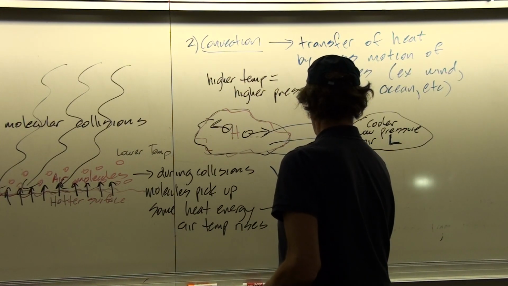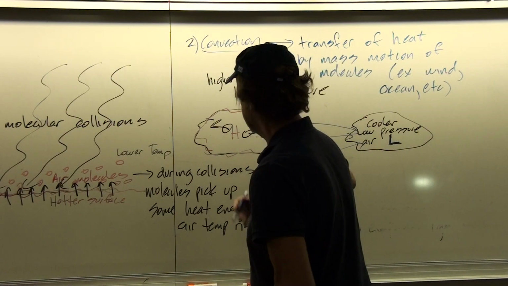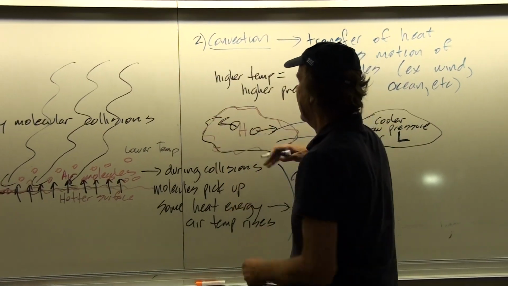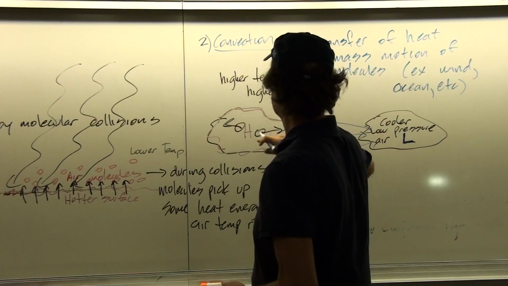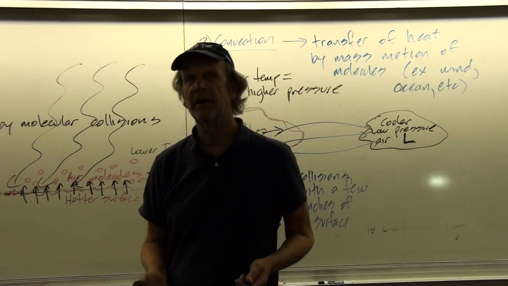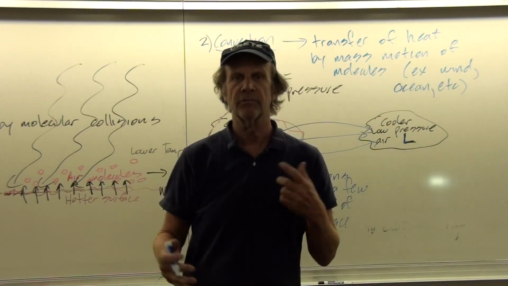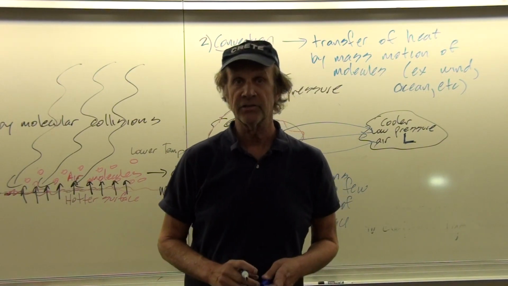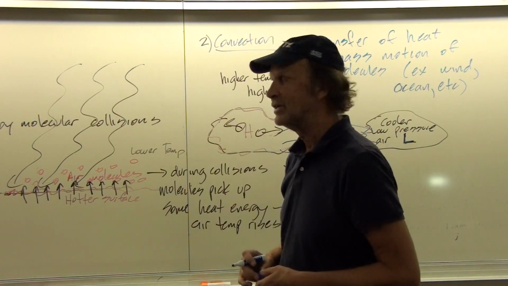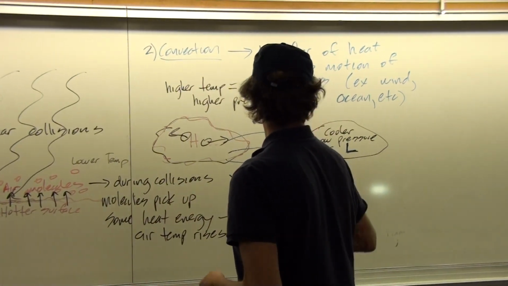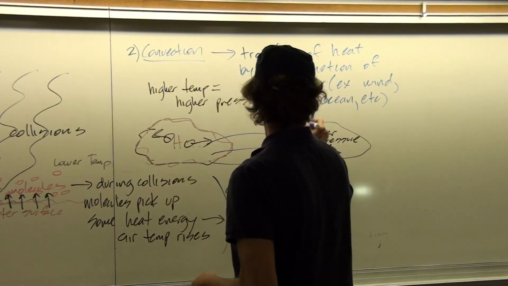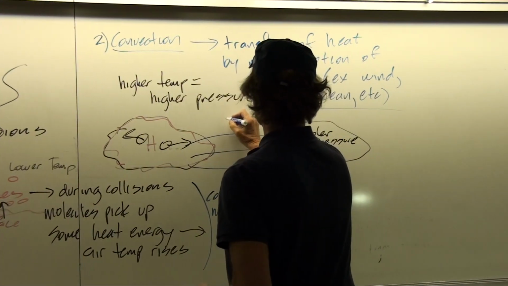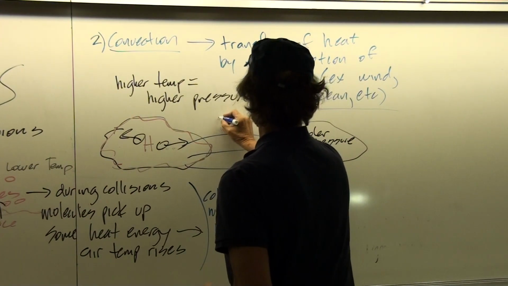But this gets the heat going. And then once that heat goes, the principal method of energy transfer through meteorologic processes happens through convection. And that's what drives much of our weather, these wind currents. And so much of meteorology is associated with convection currents.